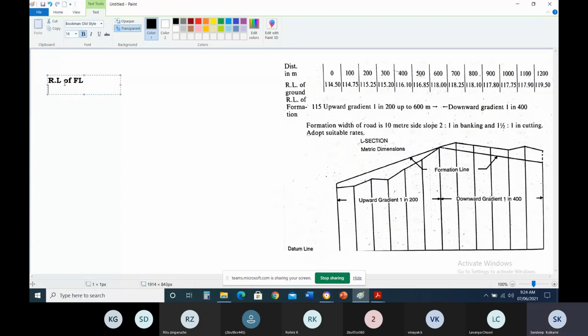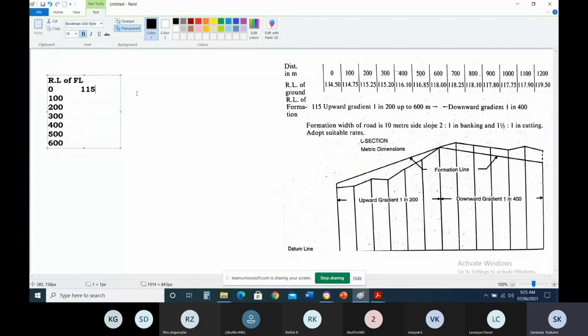For the first one it is 115, given. Next, the gradient is 1 in 200 and it is upward. Upward means we have to go on adding. So how much do we have to add?